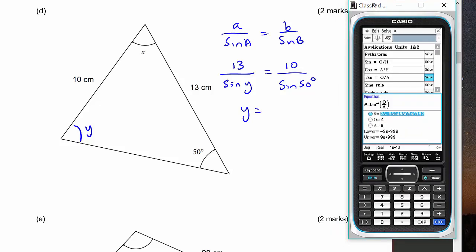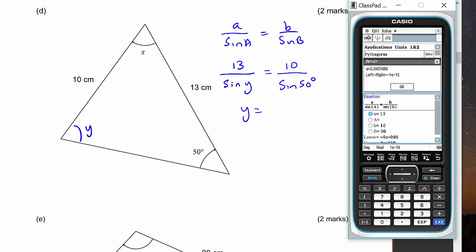Again, let's use the E-activity. Now we're using the sine rule, so we need to get the sine rule activity. And we know that small a was 13. We were working out big A. Small b is 10. And big B is 50.